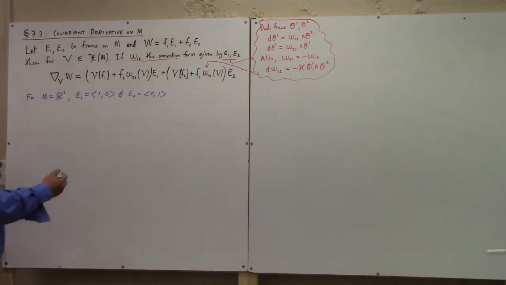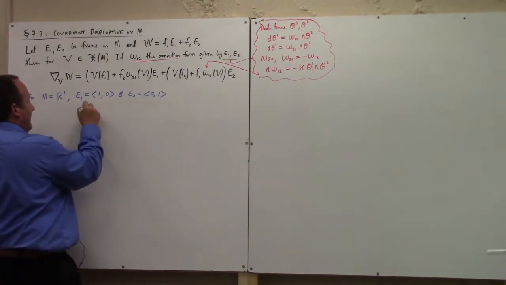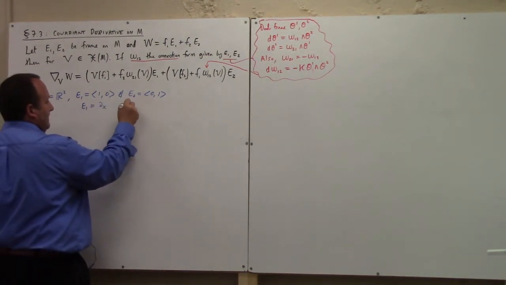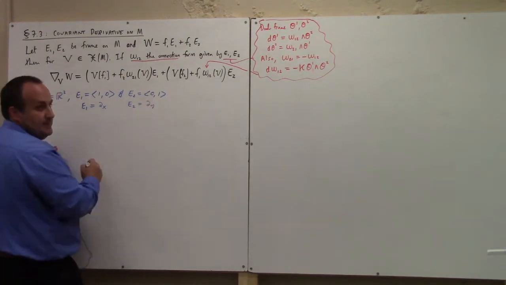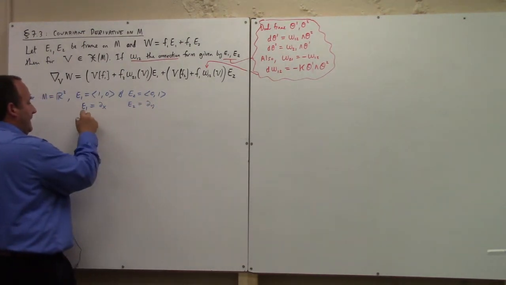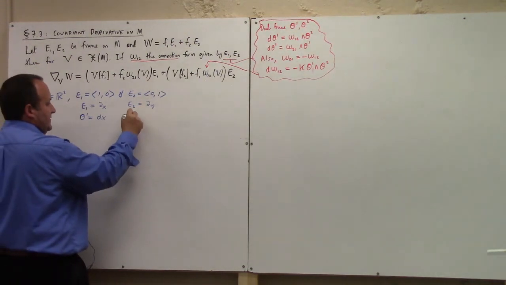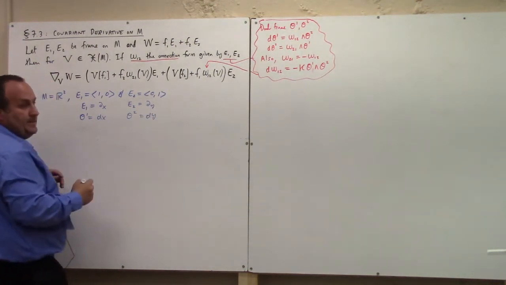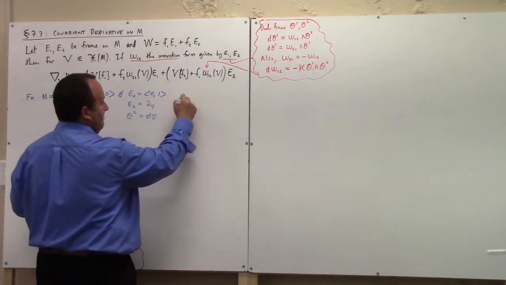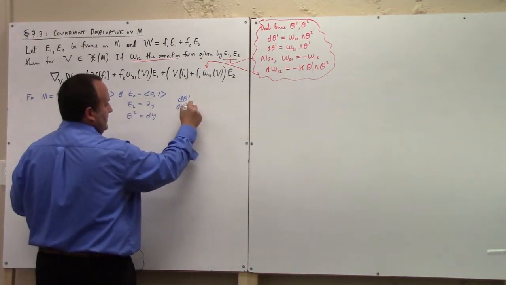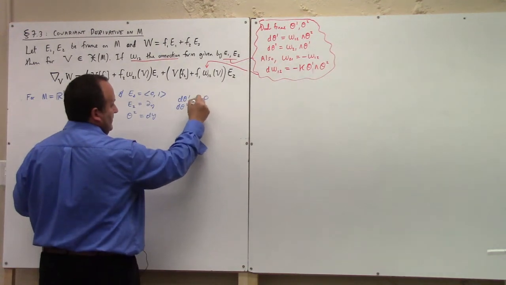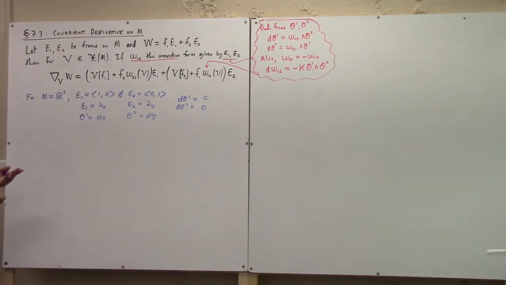So essentially, E1 is partial x, E2 is partial y, and the coframe is dx and dy. So d theta 1, d theta 2 are 0, 0, right? So the connection form for the plane is just 0, and the Gaussian curvature is also 0.